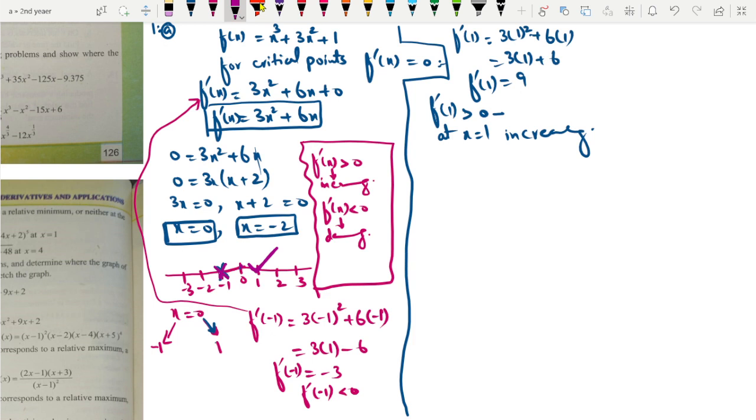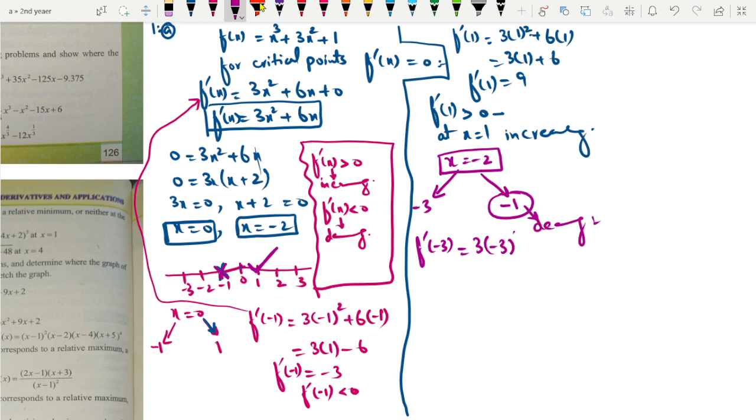Now we will check for the critical point x is equal to -2. At the left hand side we see that there is -3, and at the right hand side we will see -1. For -1 we have already checked the function is decreasing. For -3 we check now: f prime of -3 is equal to 3 into -3 square plus 6 into -3.